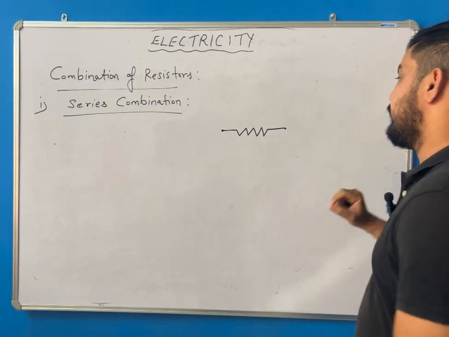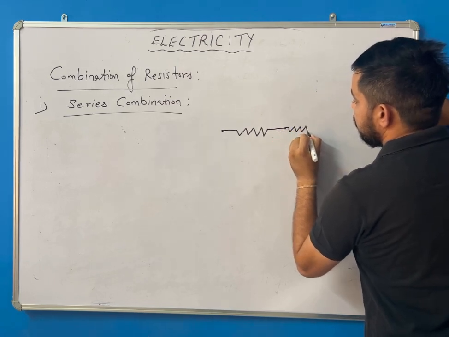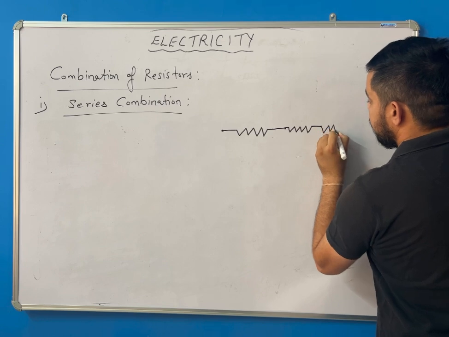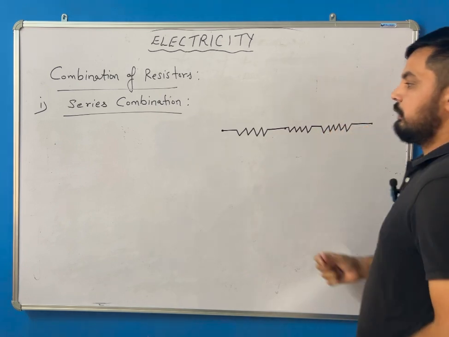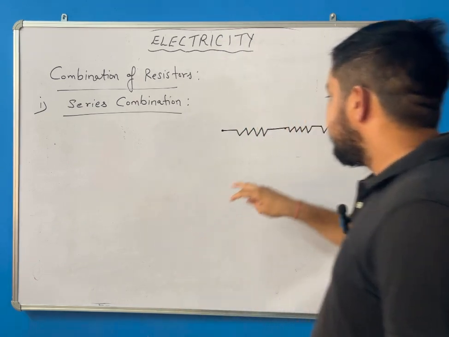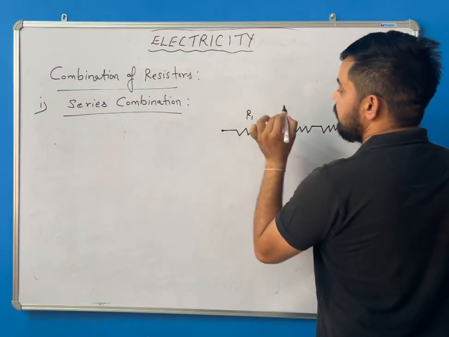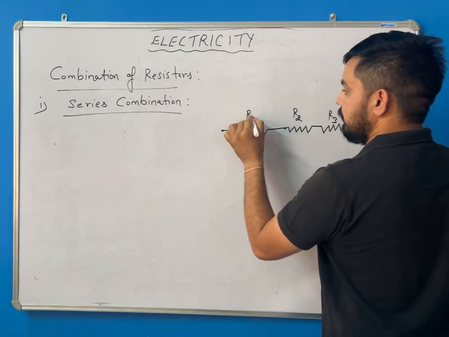So we take another resistor. Here basically we take three resistors whose resistances are R1, R2 and R3.